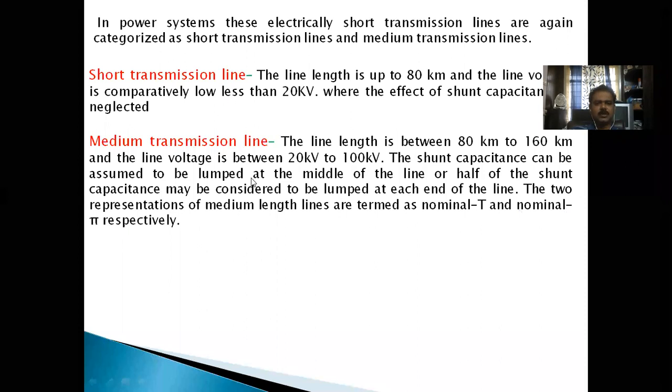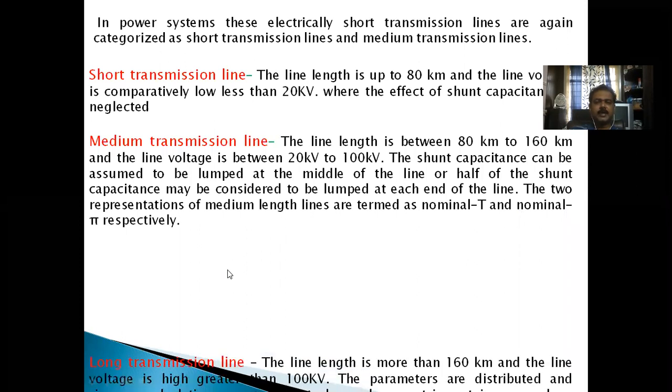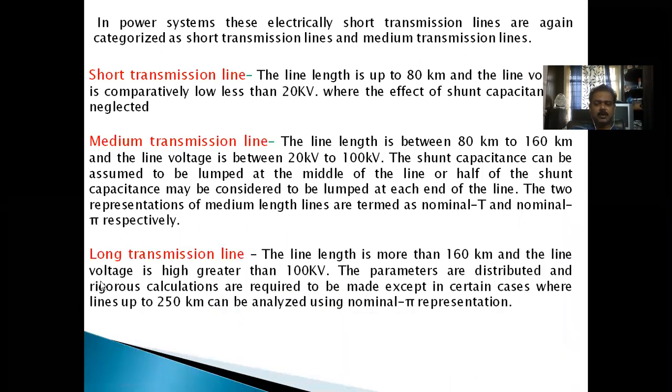So in case of a medium transmission line, we can use either the nominal T model or the nominal pi model to get the efficiency and regulation, or performance evaluation, of a medium transmission line.